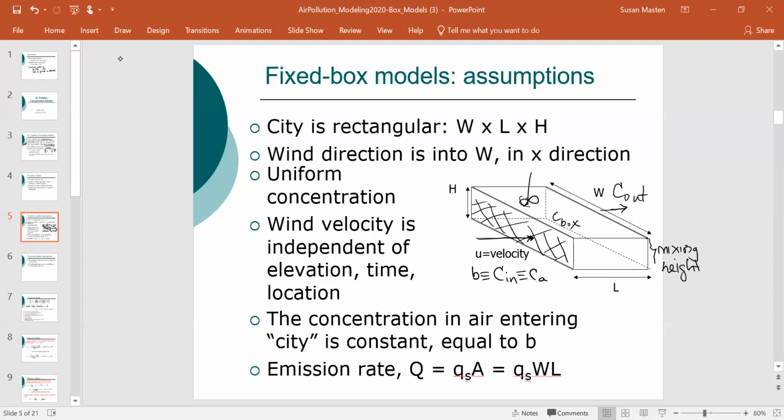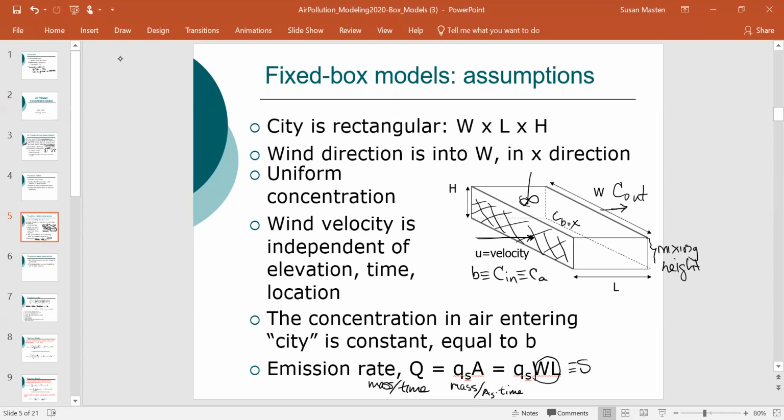We also talked about a source term before, S. The notation typically used here is Q, and we have a Q that is mass per time, and we have Q sub S that is mass per area per time. And the area that we're going to use is the width and the length.